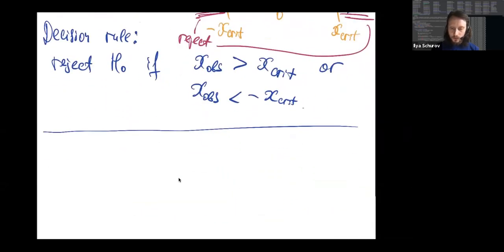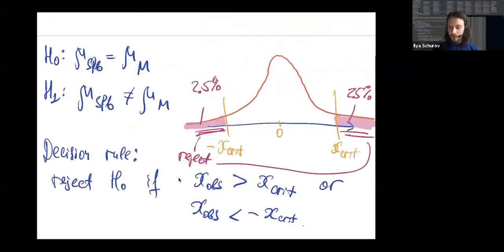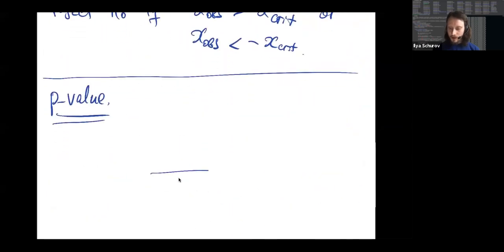And just a last word that I want to say, that instead of comparing your x observed with x critical, you usually consider this p-value. P-value, again, let me repeat this definition. In this case, what is p-value?